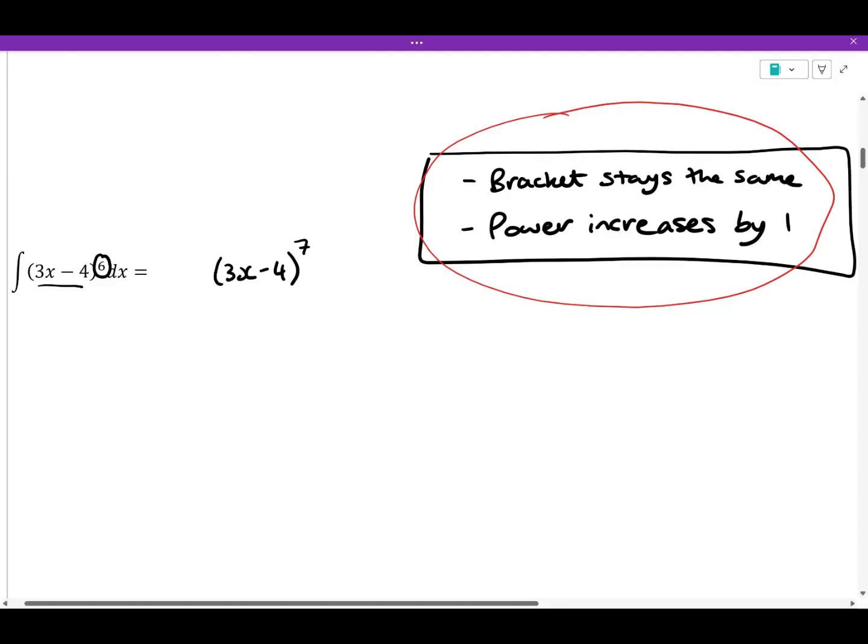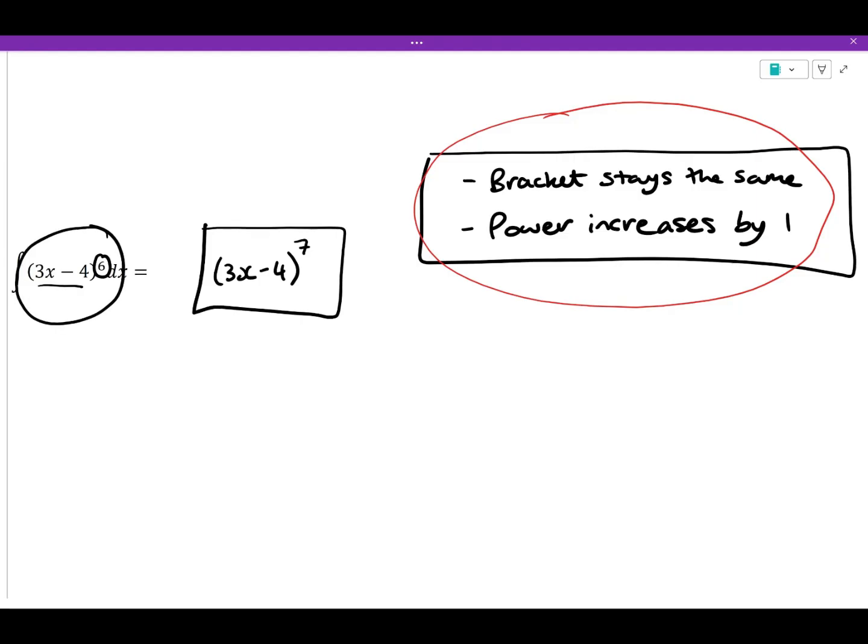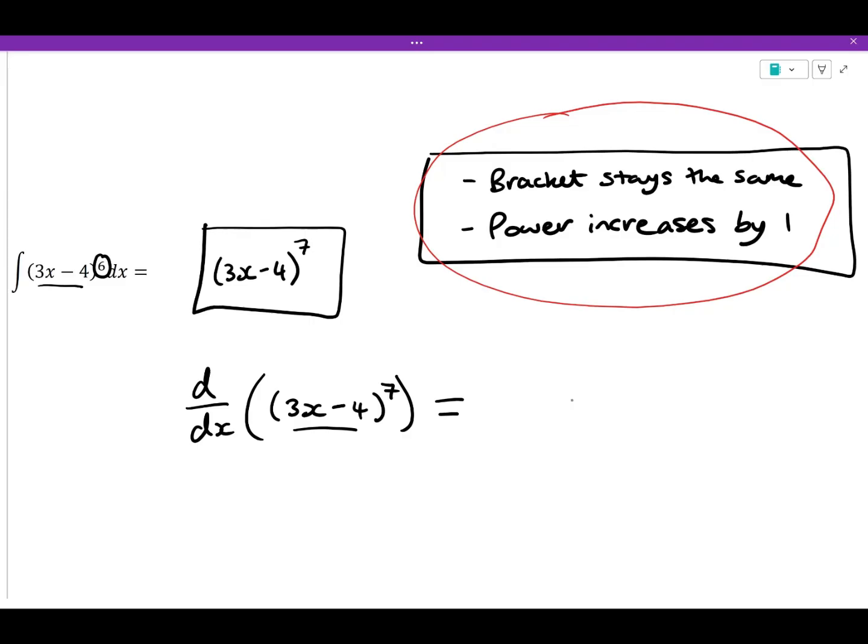So now what we need to do is differentiate what I've ended up with here. And if this is the correct answer, I should end up with the integral that I was initially computing. If I don't end up with it, we're going to have to make a bit of an adjustment. Okay, so let's differentiate my possible answer. We're going to do the derivative of (3x - 4) to the power of 7. So we should be using the chain rule. The bracket stays the same, so we get (3x - 4).